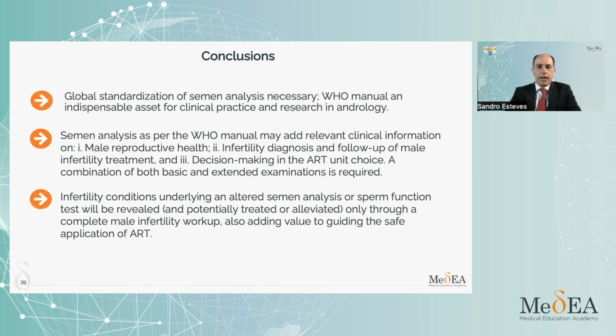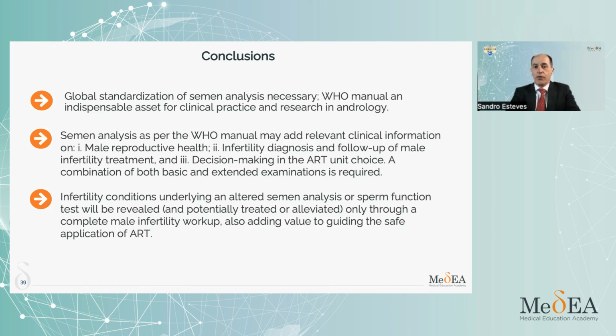In conclusion, global standardization is needed for development in andrology, and the WHO Semen Analysis Manual is a valuable instrument to move clinical practice and research in male reproductive health and andrology. Traditional semen analysis remains a very important component of male infertility evaluation, but still, an advanced sperm function assessment is needed to identify specific sperm defects, adding knowledge for fertility counseling, diagnosis, and treatment planning.